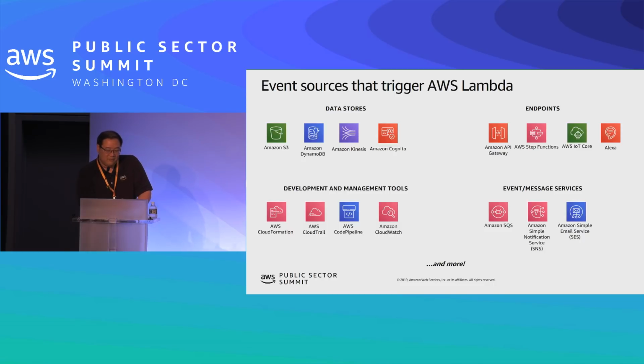It covers, of course, all sorts of broad spectrums, like you've ingested new data into your simple storage service, or S3 bucket, and you can trigger a Lambda execution based on that event.